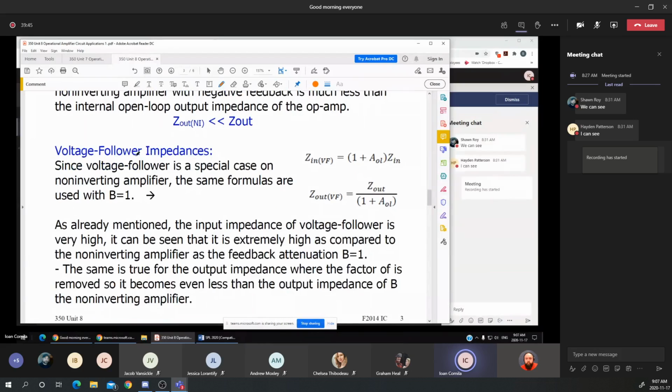For the voltage follower, if we make B equal to 1, making the Ri infinite and the Rf 0, we'll end up with almost the same equation, except that instead of having B, I'm replacing B with 1.